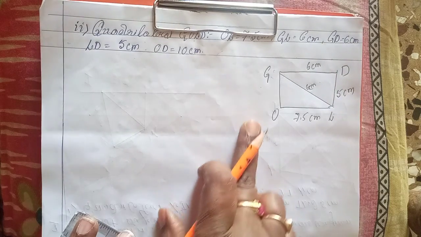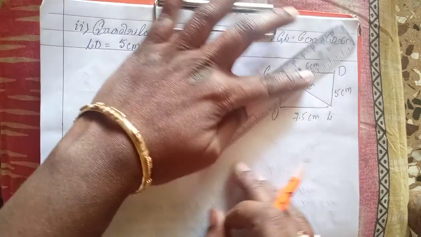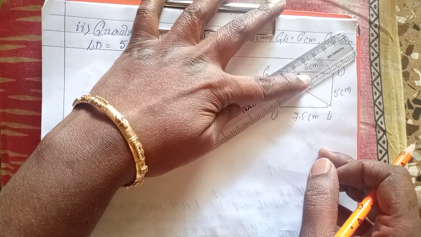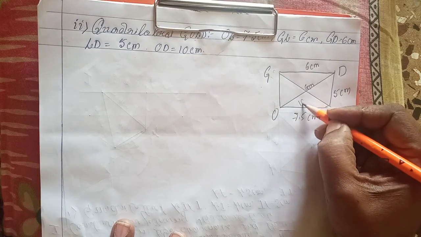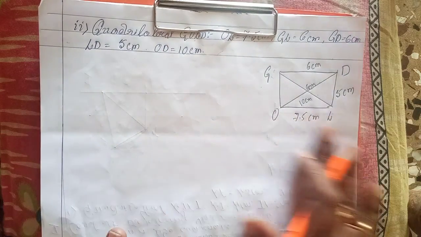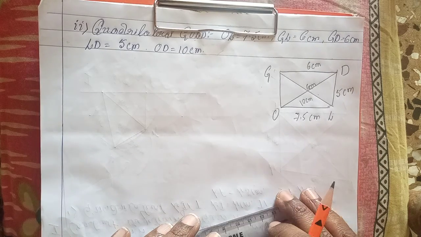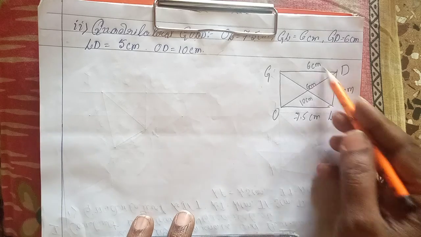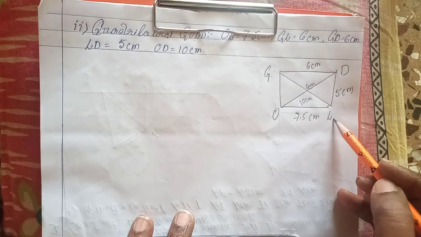And then OD is another diagonal, that is 10 centimeter. Okay, students, for this you need a big space. Yeah, look at the rough sketch.